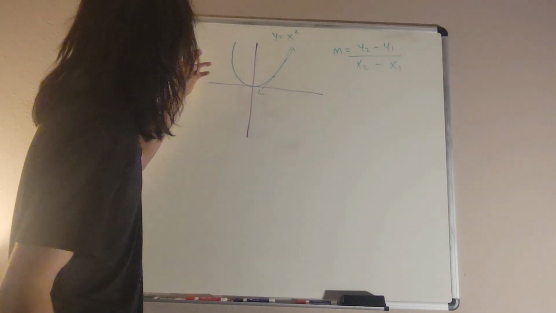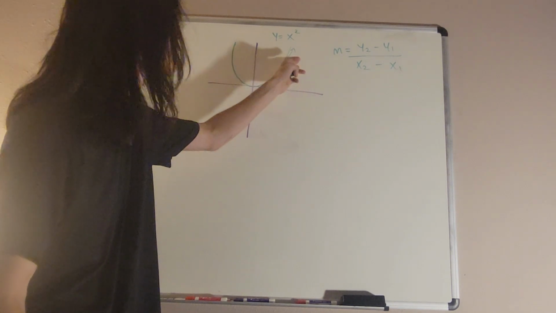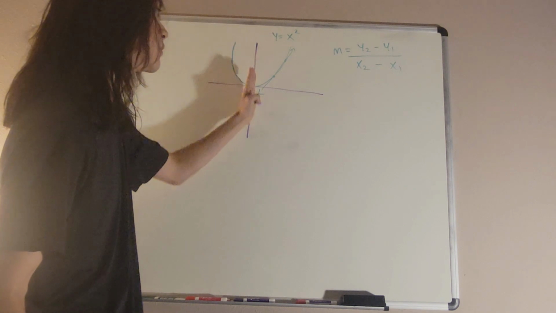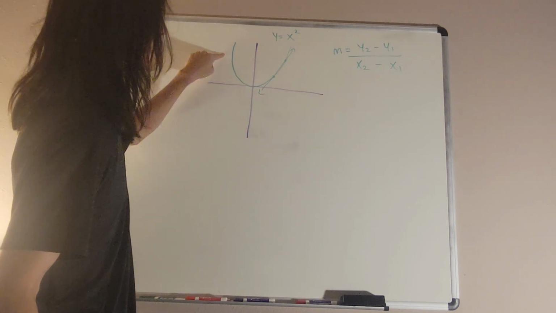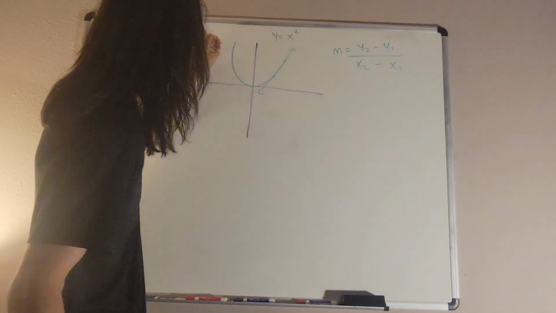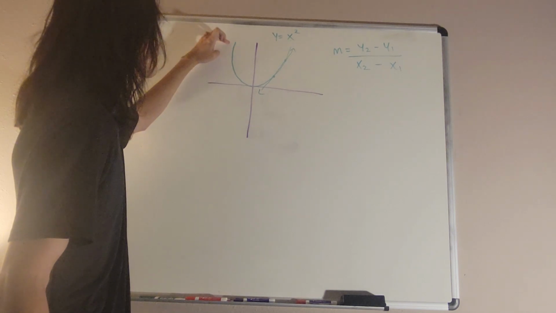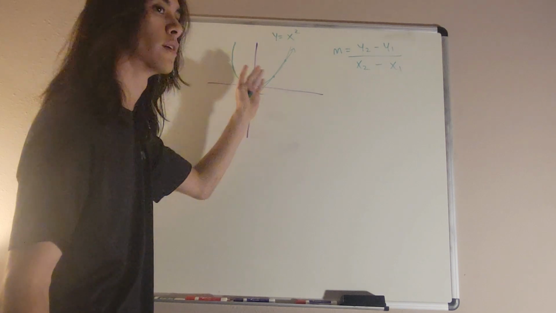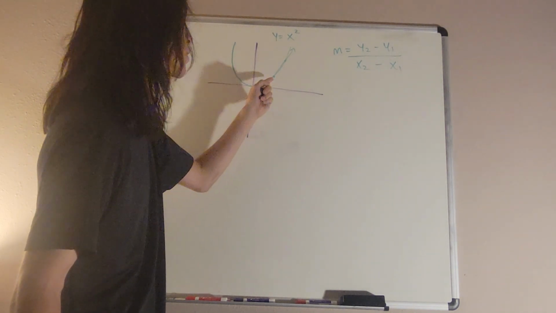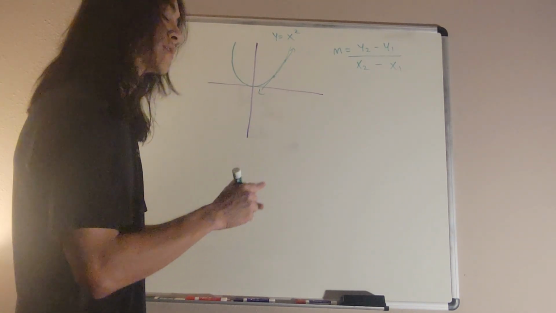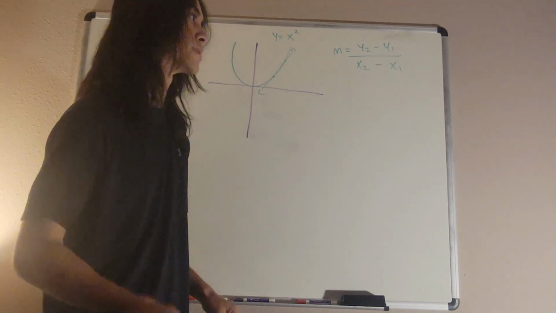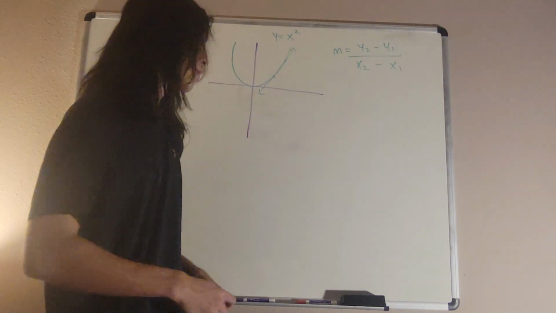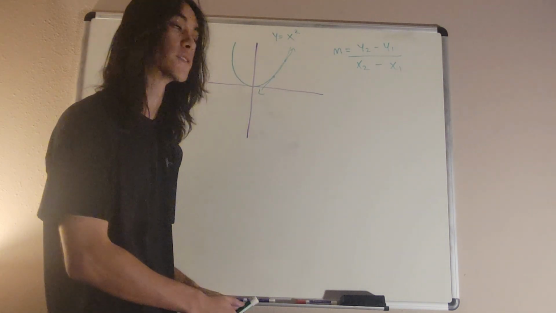And if you also take a step back and look at the slope of the overall function, you can tell the slope on the left side of the y-axis, it's going on a downtrend. It's on a downward trajectory, which means that this is likely a negative slope. And on the right hand of the y-axis, it's moving upward or at a positive slope. So there's no way you can get a constant slope that's going to apply to every single point on this graph. However, that's where derivatives come in.